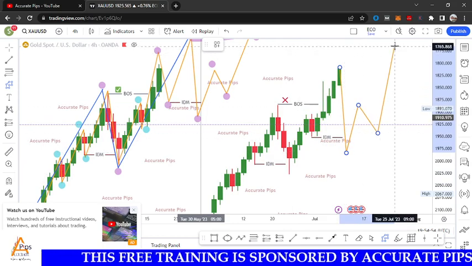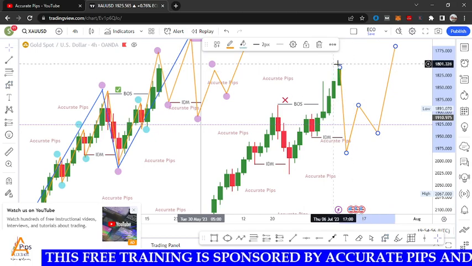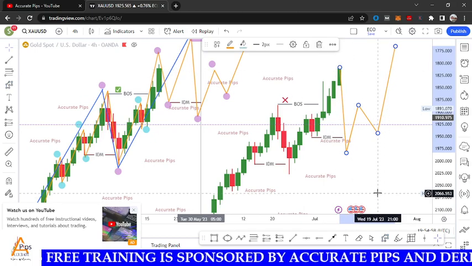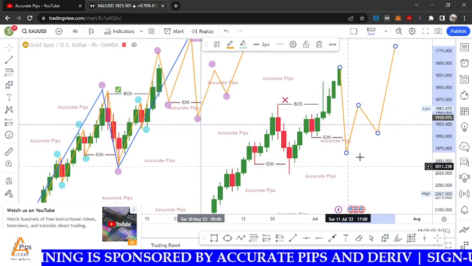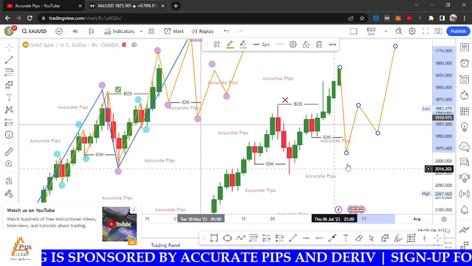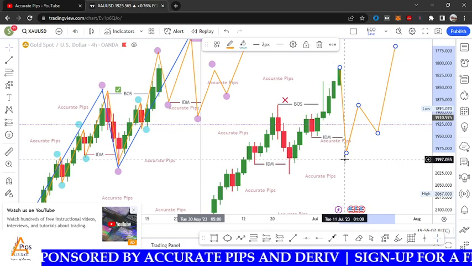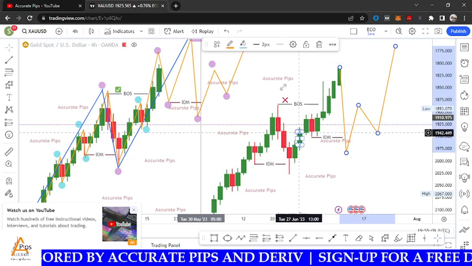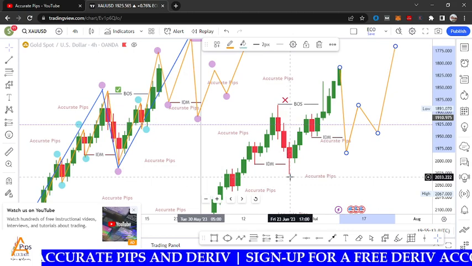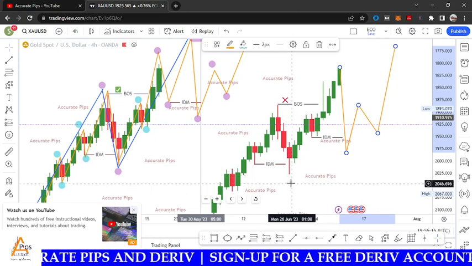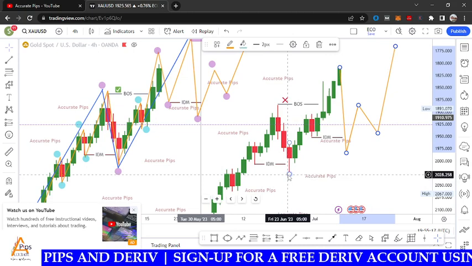Then we move like this. Then we can confirm our new structural high. And once there is a break of structure, we can also consider our new lower low in terms of structure. So once this one closes properly, we can consider this area as our new low.